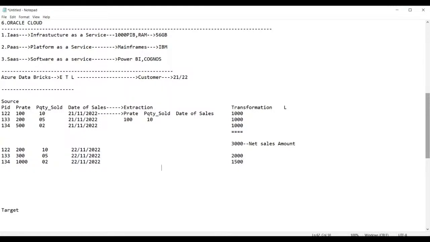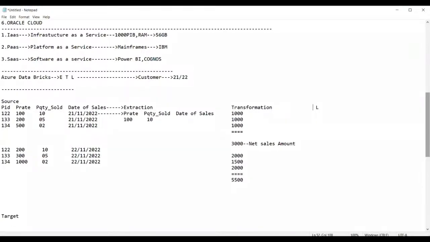Very good. So now calculate the sum. 5500. Very good. Now, guys, this is the net sales amount. This process is called the transformation process.